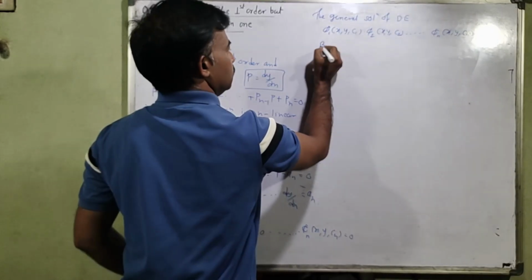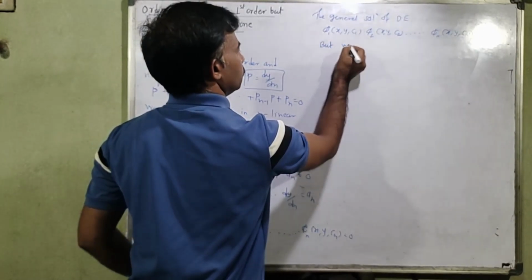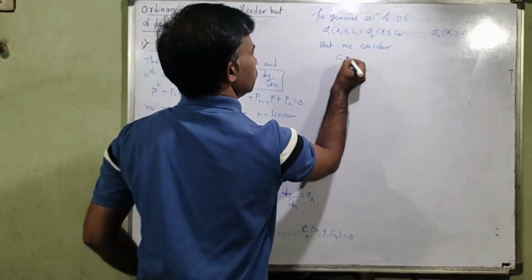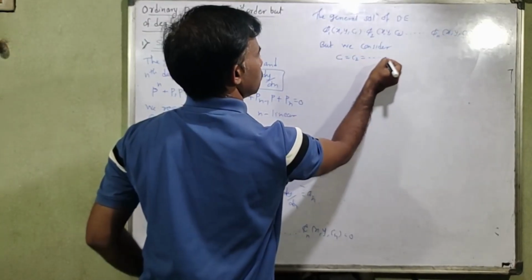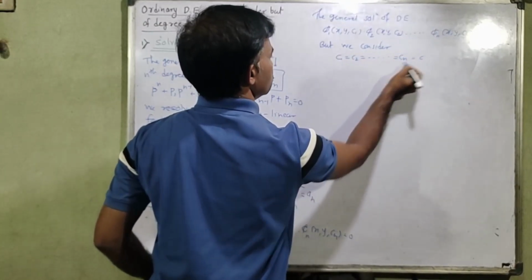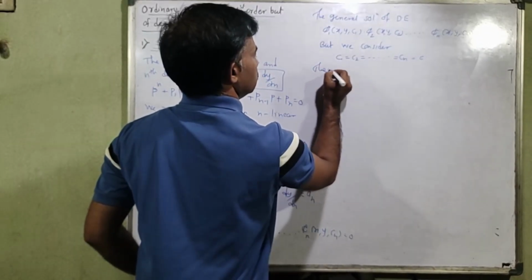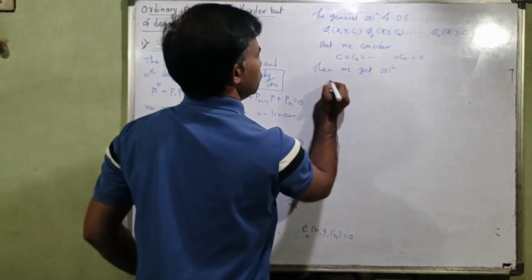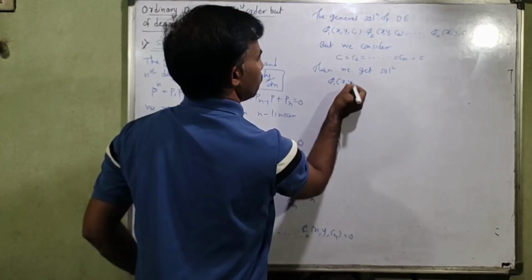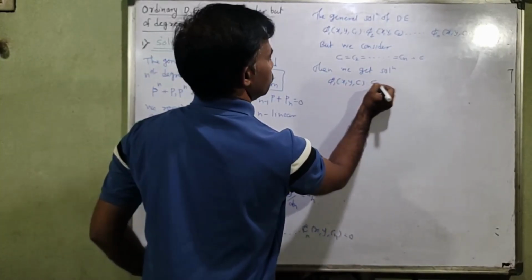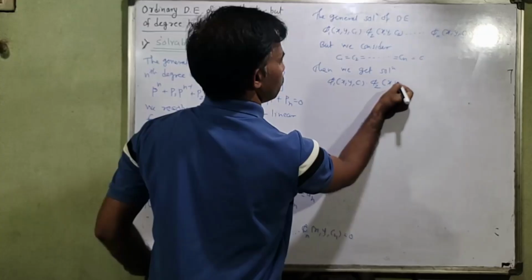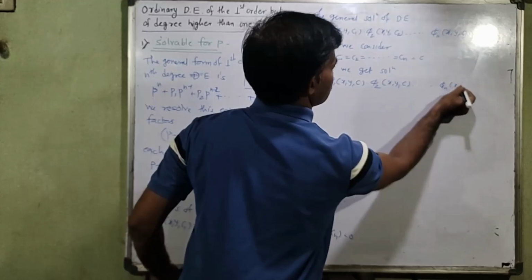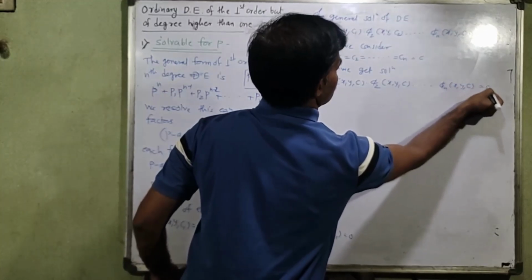But if we consider c1 = c2 = ... = cn = c, then we get the solution phi 1(x, y, c) times phi 2(x, y, c), and so on up to phi n(x, y, c) is equal to 0.